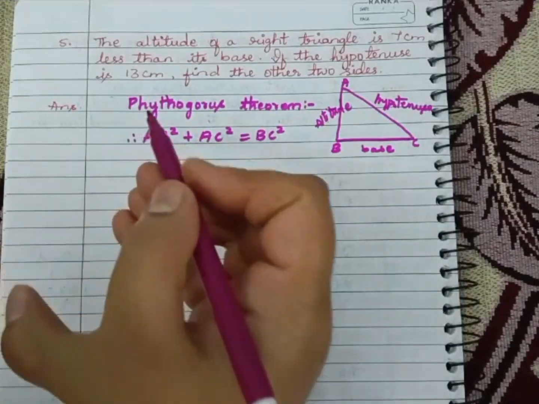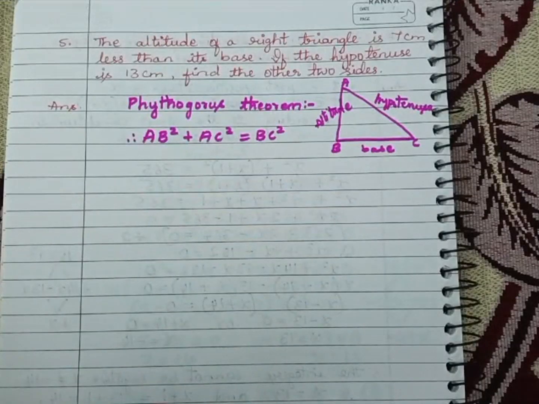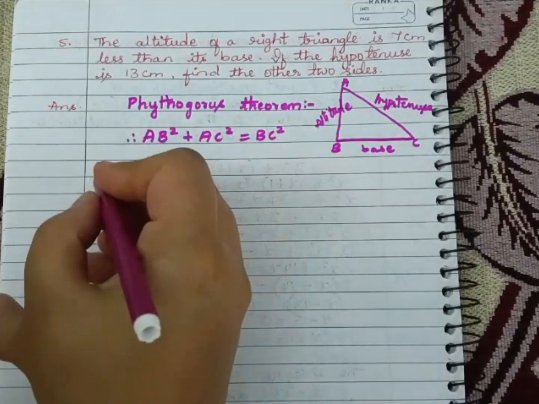In this, the altitude of a right triangle is 7 centimeter less than its base, they're saying.